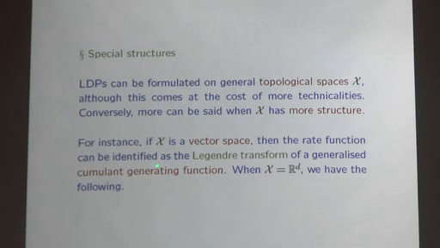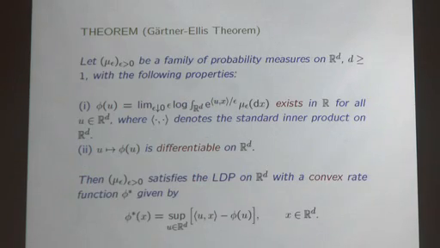So I'm going to look at the case where my space is just the d-dimensional Euclidean space with the usual Euclidean metric. This becomes a Polish space.